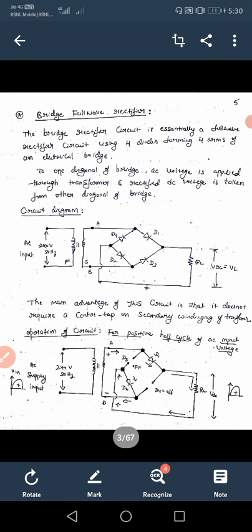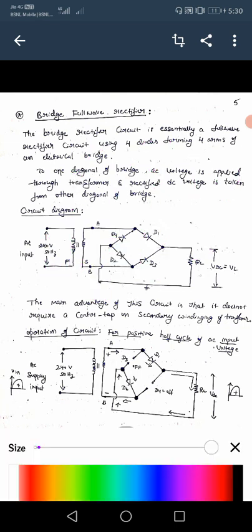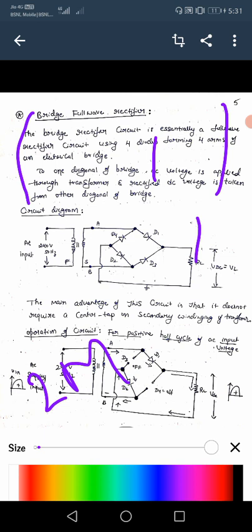So it is the circuit diagram. The original circuit diagram you should write. You should write this part here. Assume it is for 1 mark. This is for another 1 mark. This is the operation and circuit. This is 2 marks, right?